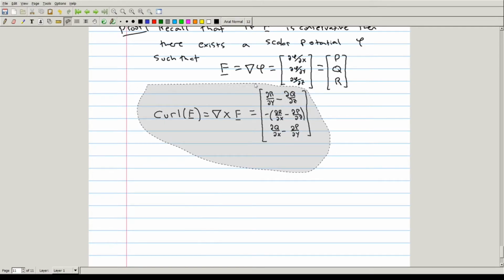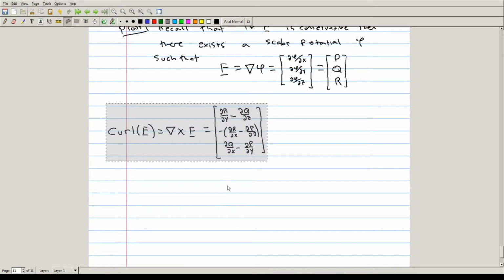And if we now use the fact that F is conservative, you know that R is the z partial derivative of phi.